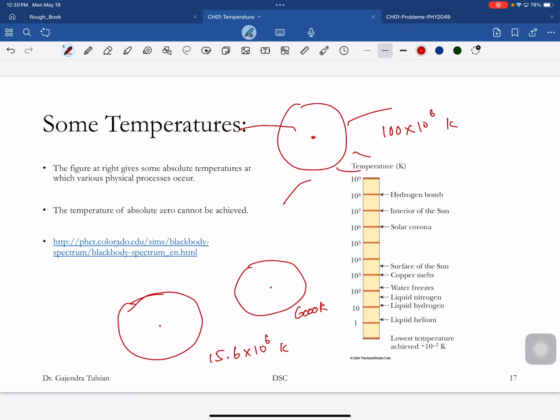How did they measure that temperature? Did somebody stick their fingers in there? I'm sorry? They're probably using kinetic energy of the particles. All right.